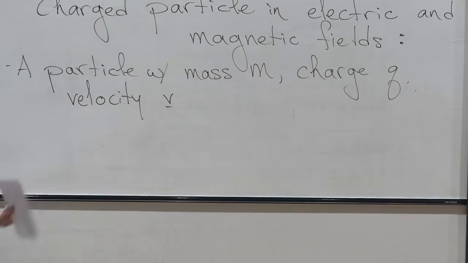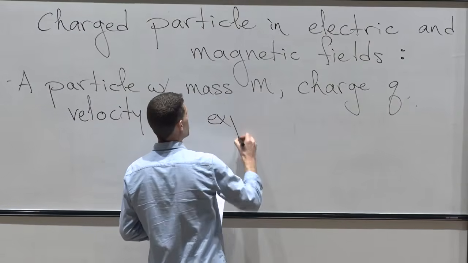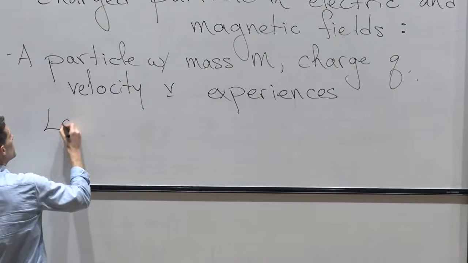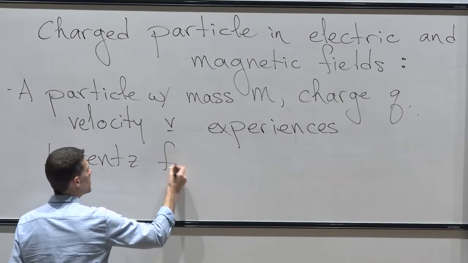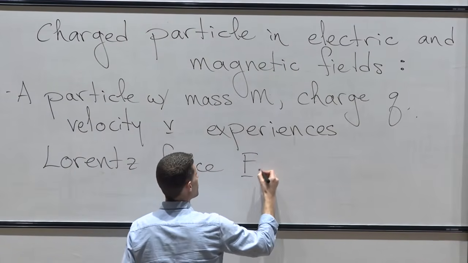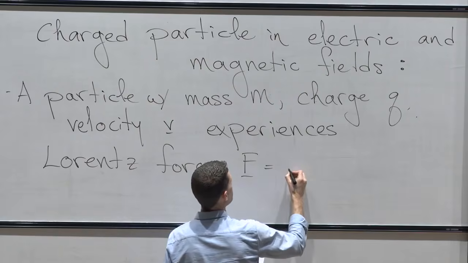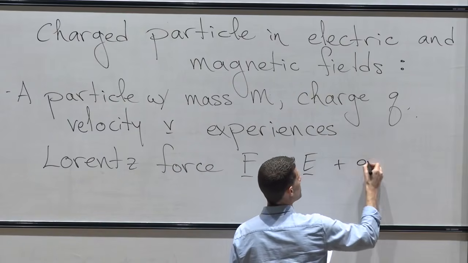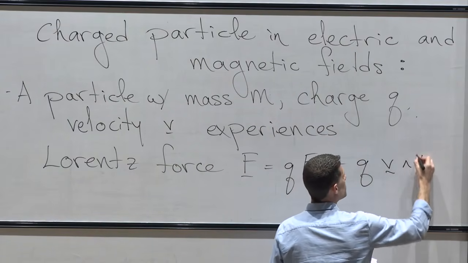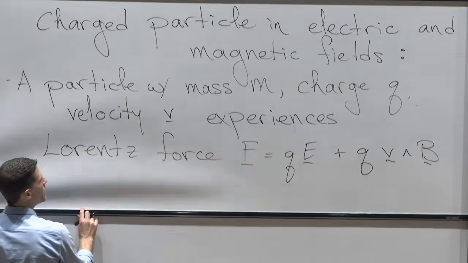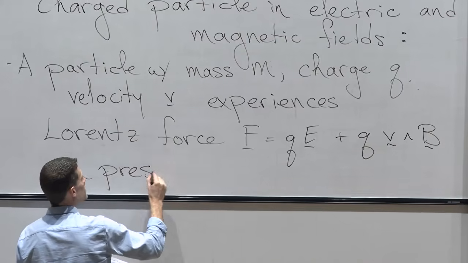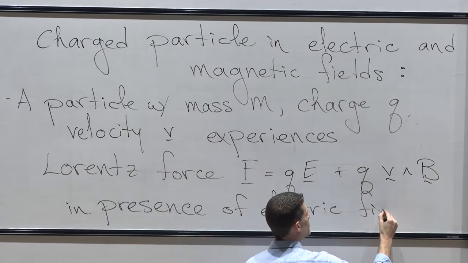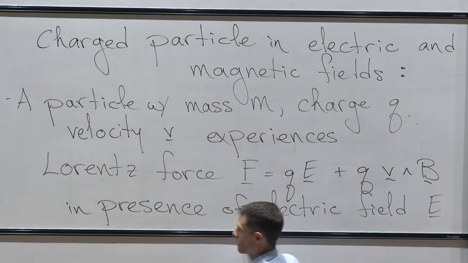And the statement, which we're basically just going to take as fact, is that that experiences a force called the Lorentz force, which is qE, where E is the electric field, plus q v cross B. So in the presence of an electric field E and magnetic field B.